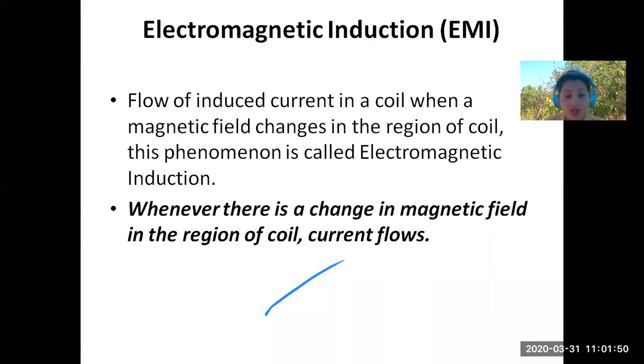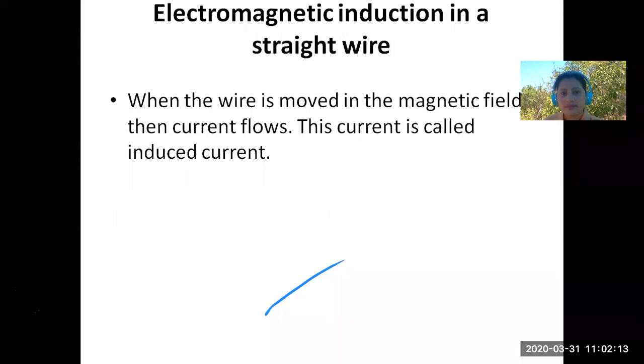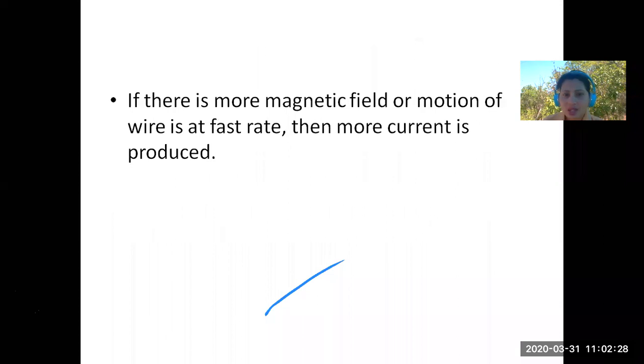Such current is called induced current. So when there is motion of a coil, that is the conductor, in the presence of a magnetic field, current is produced. Such current is called induced current, and that process is called electromagnetic induction. So how can you increase the amount of current produced?